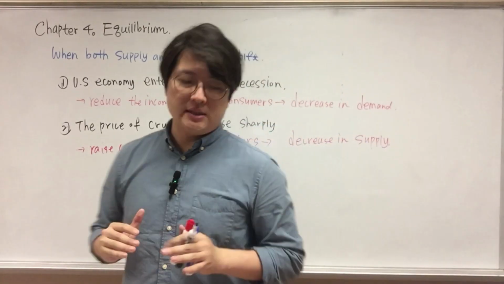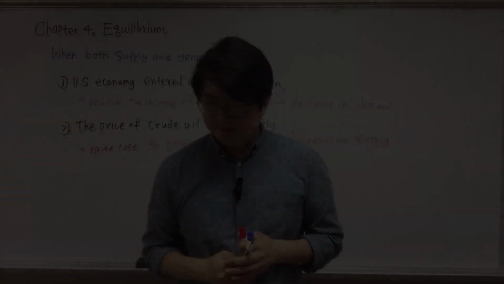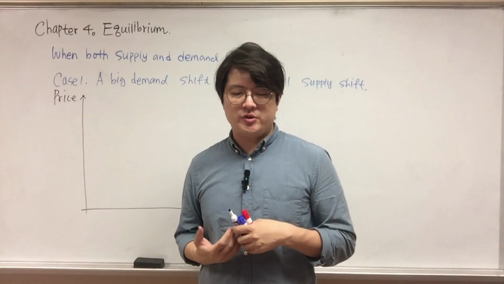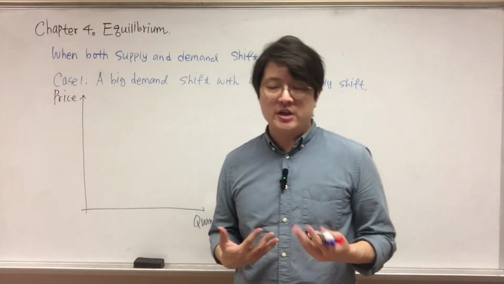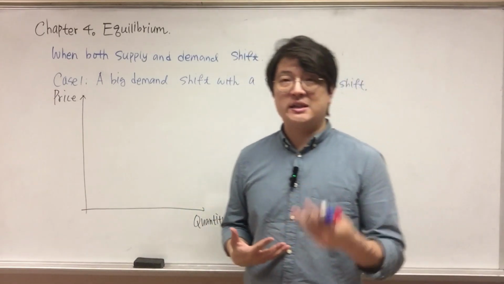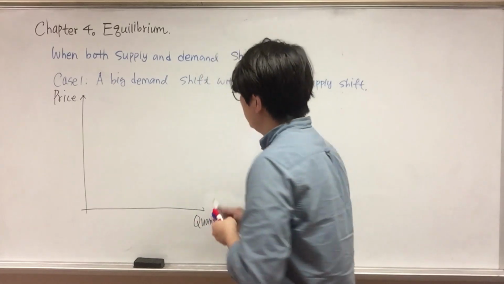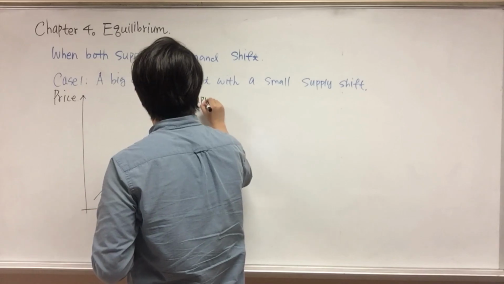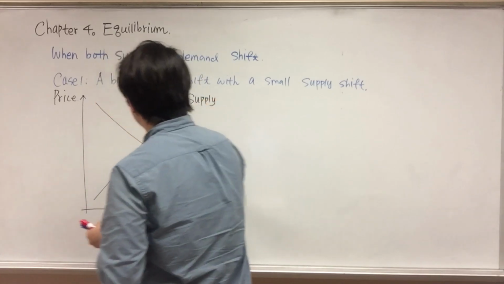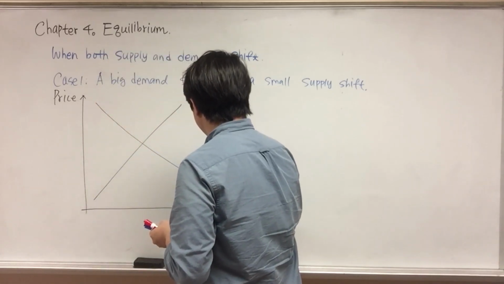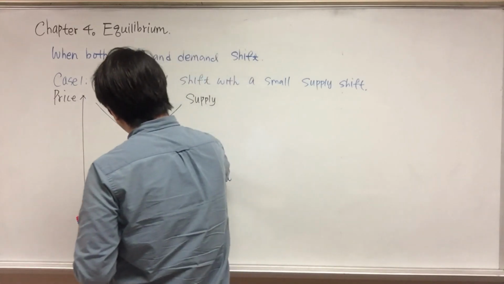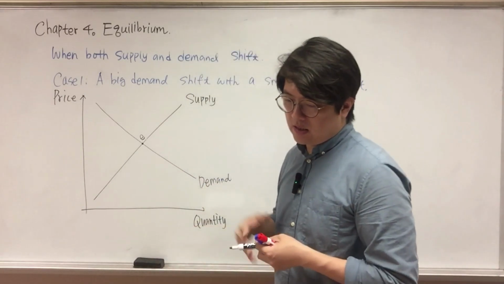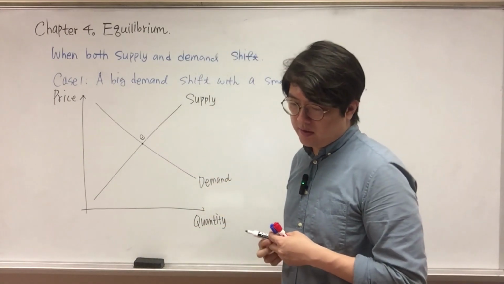So what happened in this case on the graph? Okay, the first case is when demand changes are large and the supply changes are relatively small. So what happens? Okay, so we have the supply curve in here and demand curve in here. Okay, we have the equilibrium point where the demand curve and supply curve meet together.